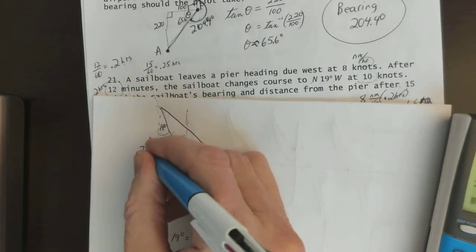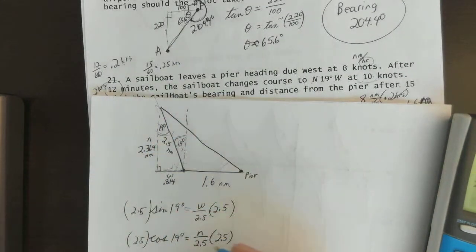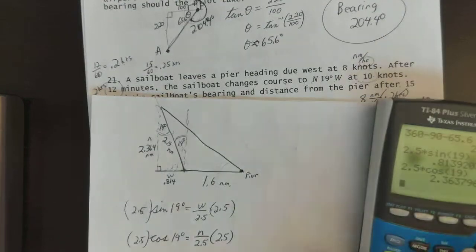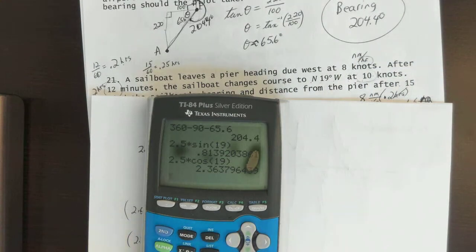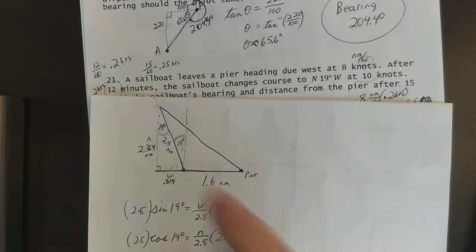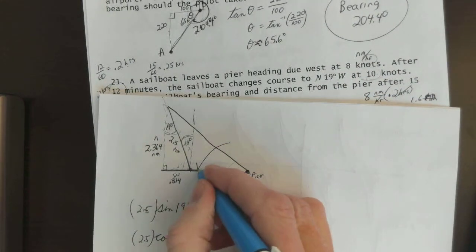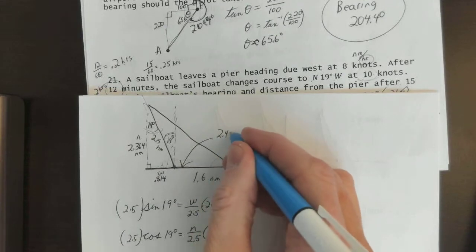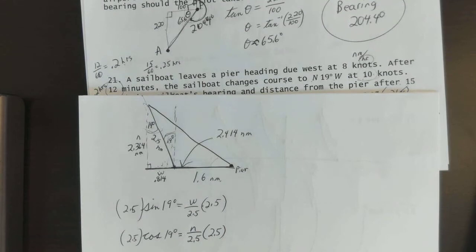This is 2.364 nautical miles. I'm going to add 1.6 plus 0.814 together and get 2.414. This is 2.414 nautical miles.